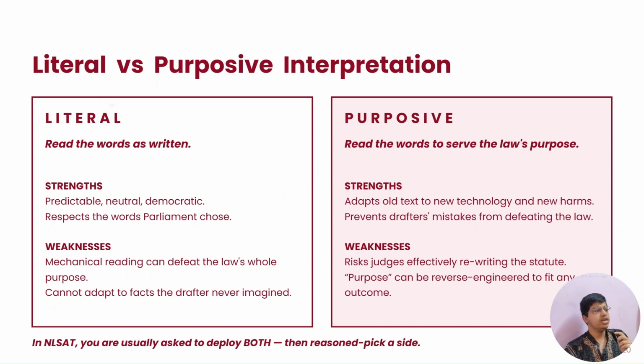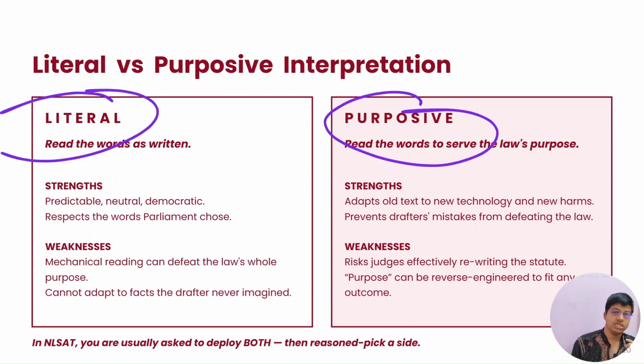Literal and purposive reading, I'll just brush over these things in a go. The strength of literal reading is statute becomes predictable. The very important thing is, why do we literally read the statute, whatever is written therein? Because understand the endeavor of law, the purpose of this endeavor of law is to make people's life easier. If people know that there are consistent laws that are not the whims and fancies of judges, then those are easy to follow.